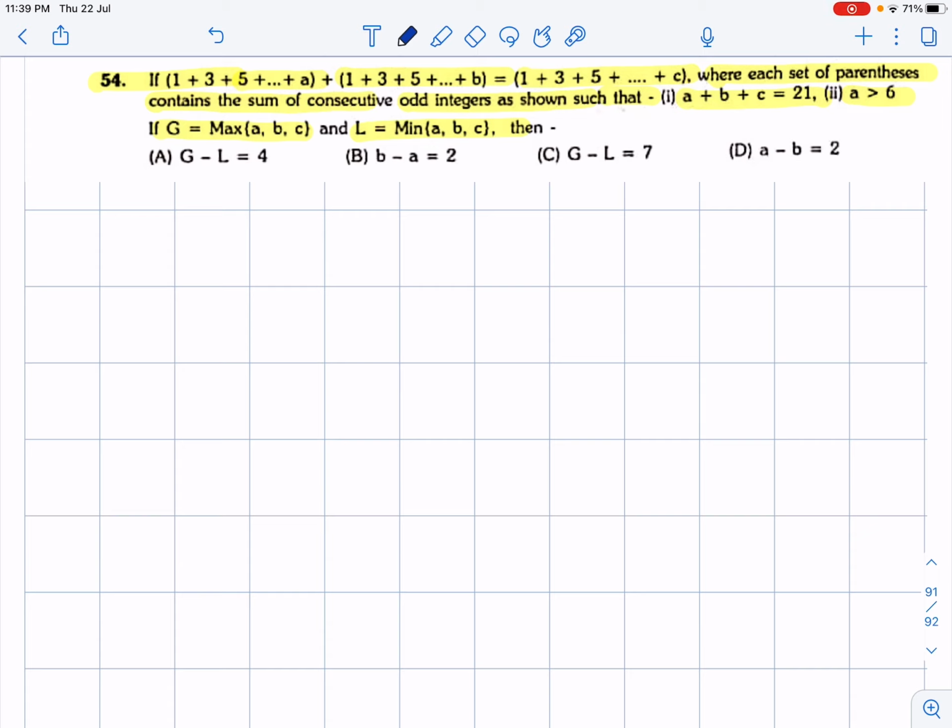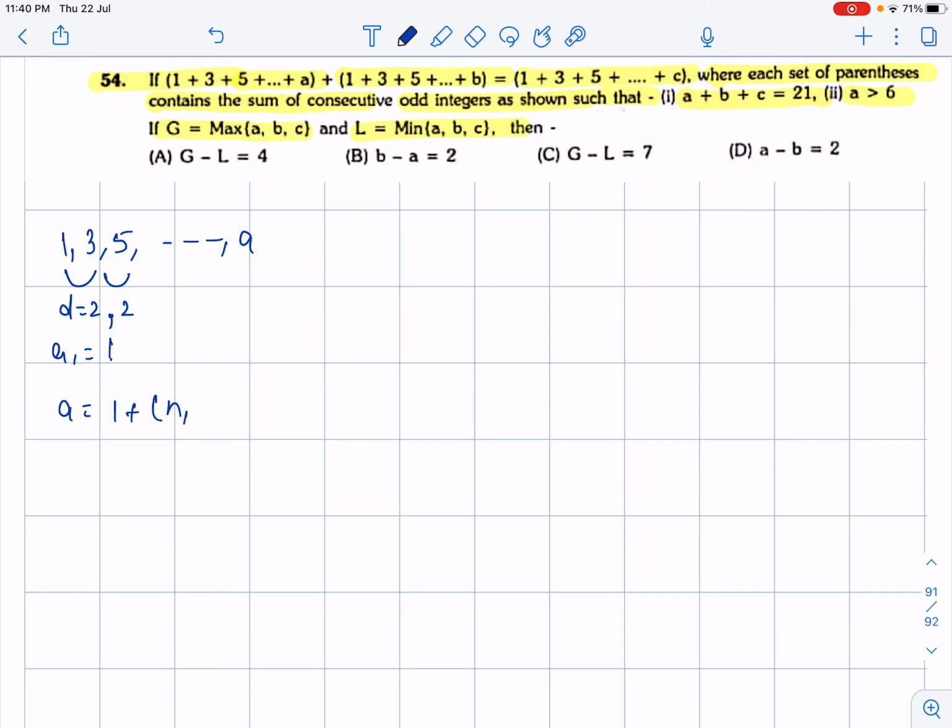To solve this type of question, I will make use of the nth term of an arithmetic progression. For the three arithmetic progressions written here, let us suppose A is the nth term of that arithmetic progression with common difference 2, and the first term A1 is equal to 1. The nth term formula is a plus n minus 1 times d.